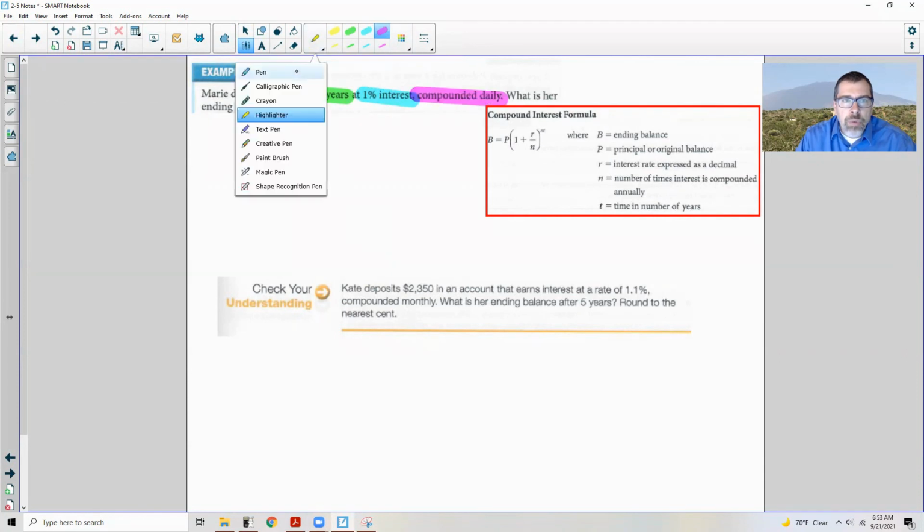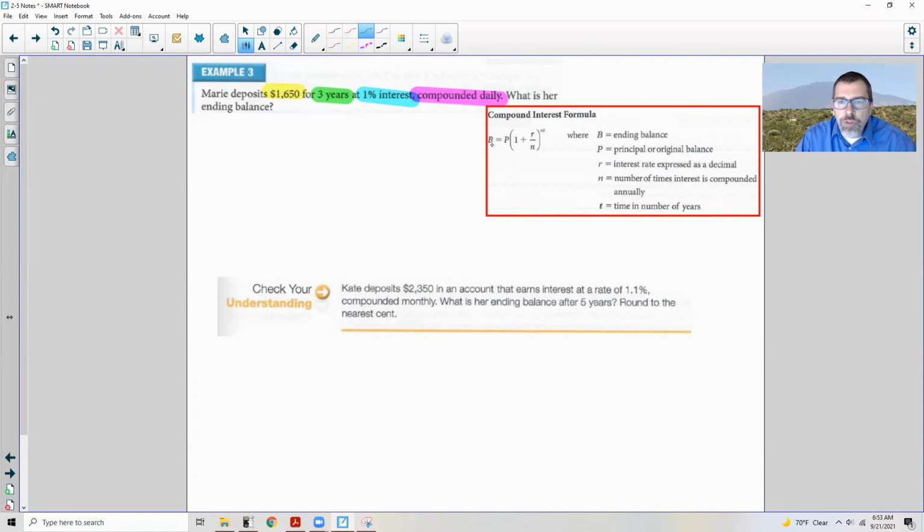All right, so we need to add one more component to our formula. So we were working with, and we derived B equals P times 1 plus R over N to the power of N. But now that's only when we're dealing with 1 year at a time. Now we're talking about 3 years. So now B is our ending balance, P is principal, which it's always been, R is our interest rate, N is the number of times interest is compounded annually.